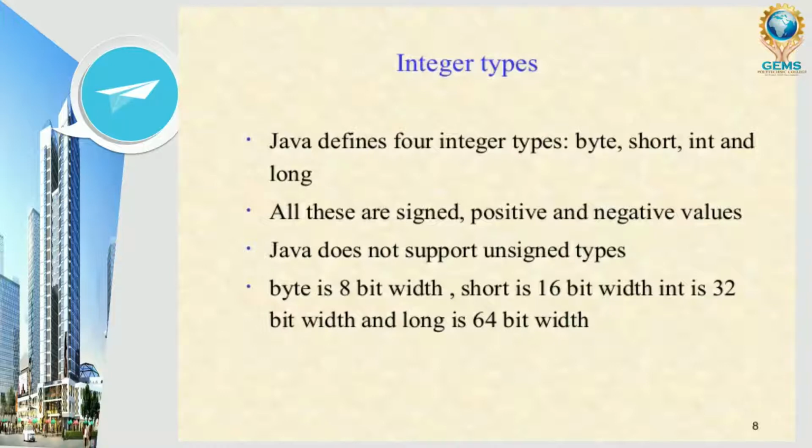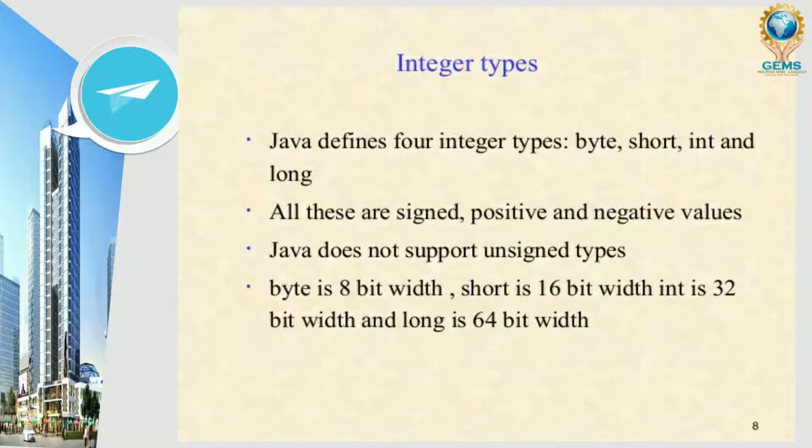In my previous lecture, when discussing primitive and non-primitive data types, I explained that there are 8 primitive data types in total: boolean, char, and so on.